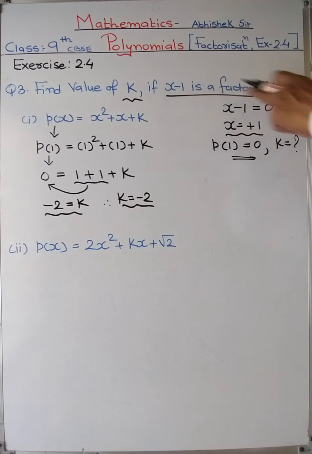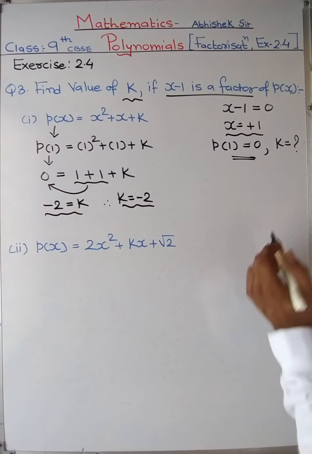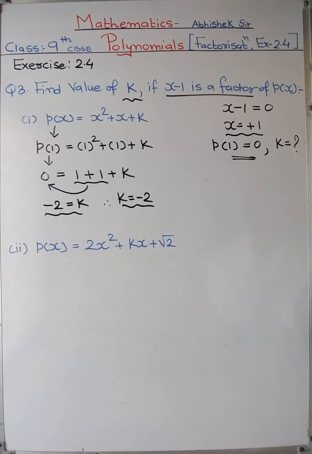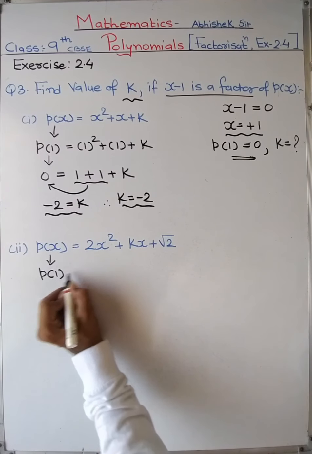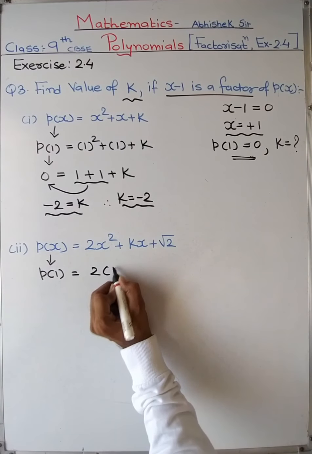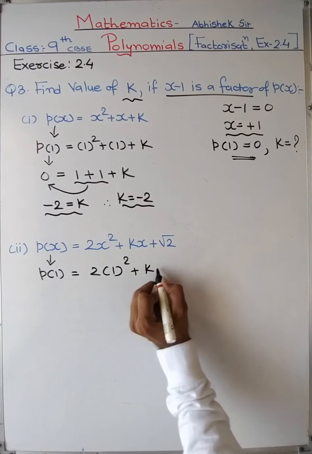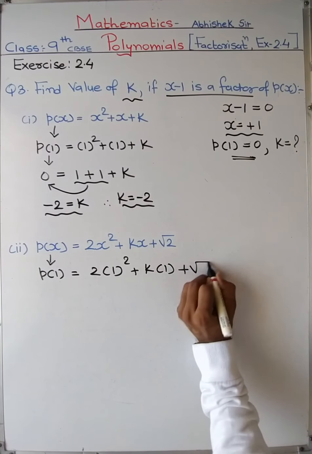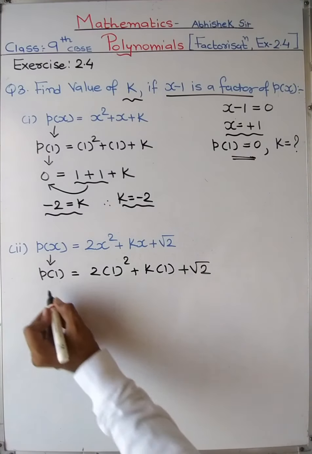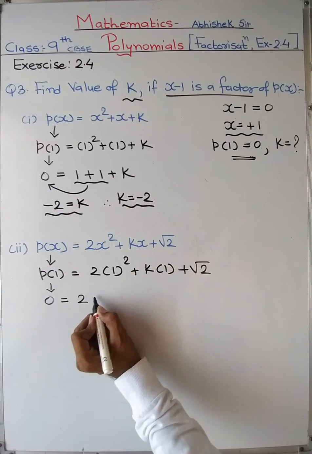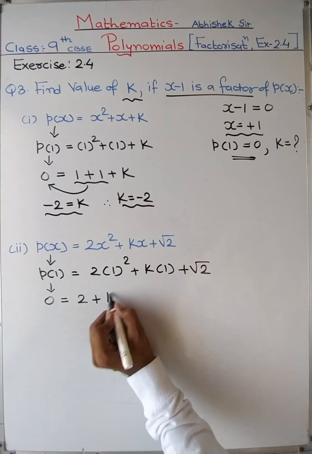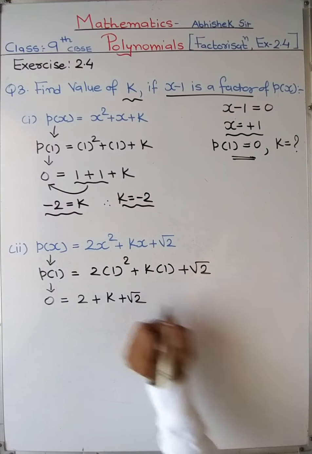In question 2 we have p of x as 2x square plus kx plus root 2 and we have to check whether x minus 1 is a factor or not. So we have to put ultimately p of 1 as 0. So putting p of 1, we have to replace all the x with 1. Don't worry even if it includes root. Now p of 1 is 0. So 2 of 1 square is 2 plus k into 1 is k and root 2 will be repeated.